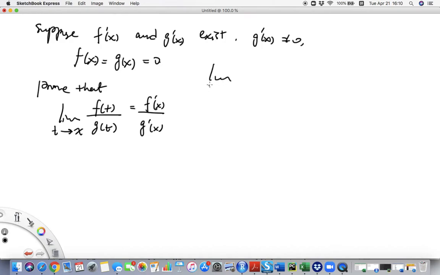Well, the limit as t goes to x of F of t over G of t, that's equal to the limit as t goes to x. Now, F of x is equal to 0, right? So I replace F of t by F of t minus F of x. It doesn't change anything, right? Because that's 0.